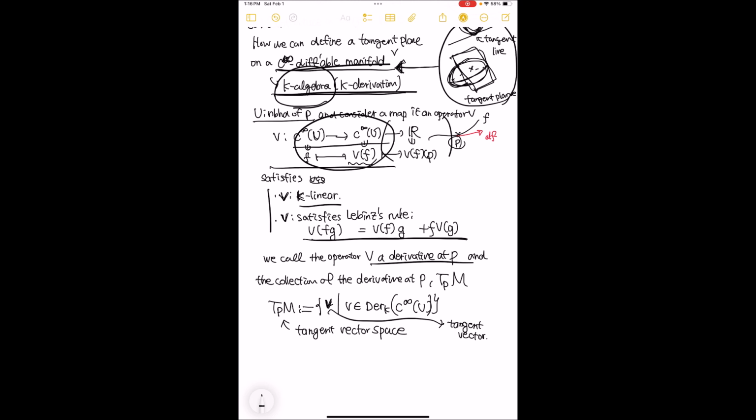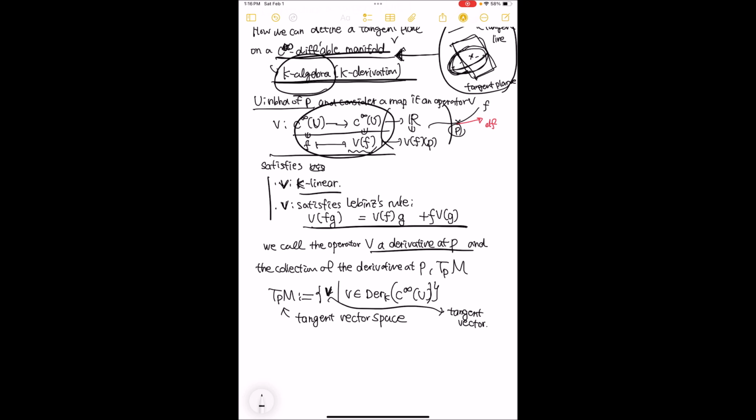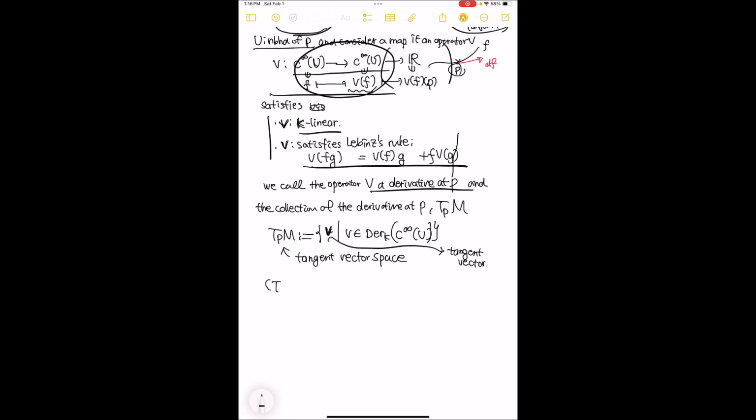On my Instagram lecture, see my K algebra lecture. Furthermore, it satisfies a vector space condition, and its dimension, if M is an n-dimensional differentiable manifold, is naturally, obviously, n.